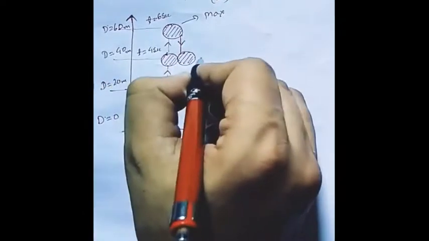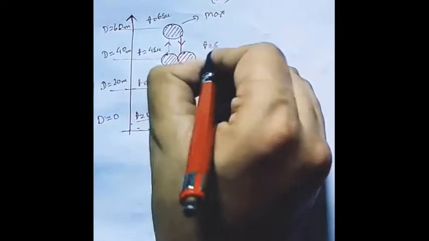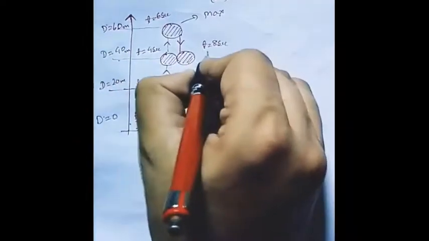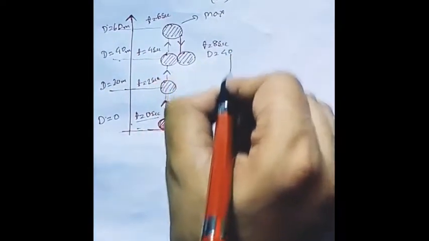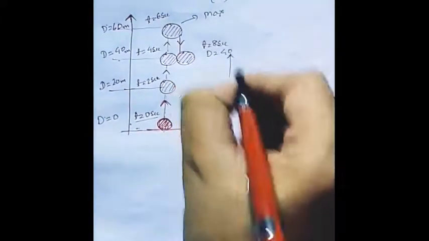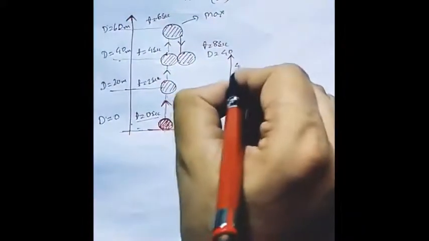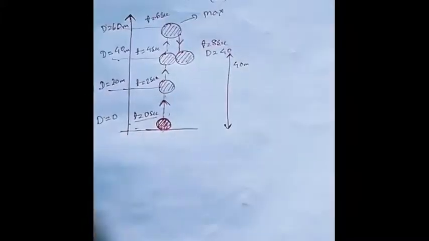and this is actually the part of negative slope. So now when the time is 8 seconds, you can see that the displacement is 40 meters, because the height from the ground is 40 meters.